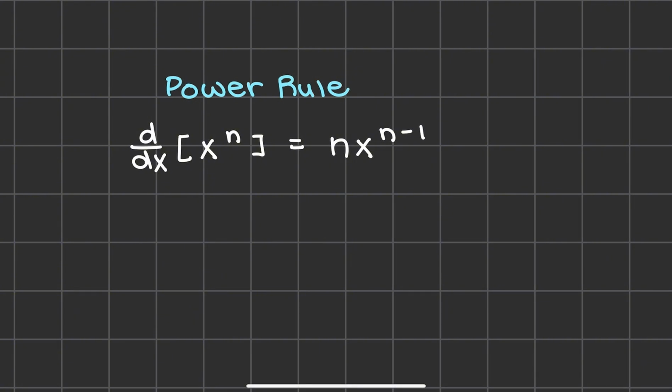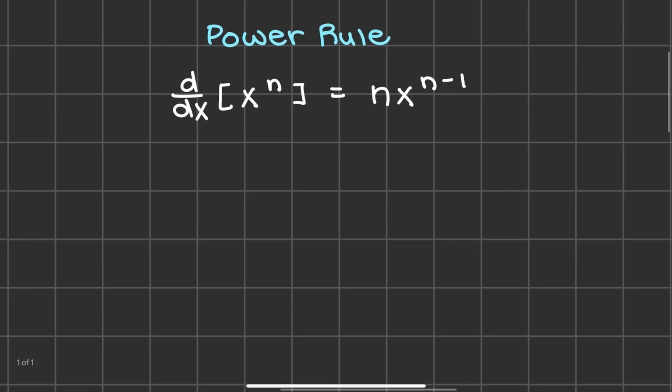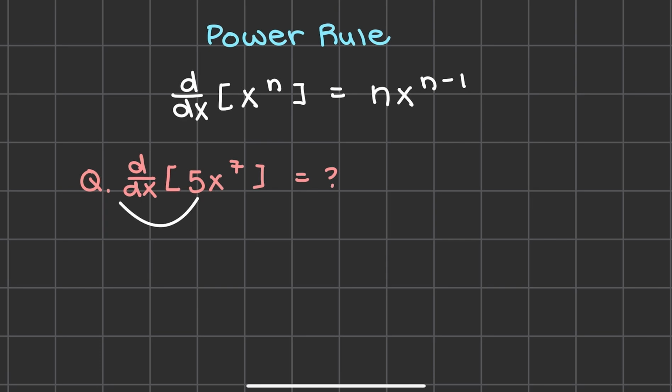Since we've been through 3 rules, let's take a look at exactly how we understand them. In this case, the question would be: the derivative of 5 times x to the 7th power. What is that? You can take a moment to pause and answer. In this case, the answer would simply be 5, since we can simply put it outside.